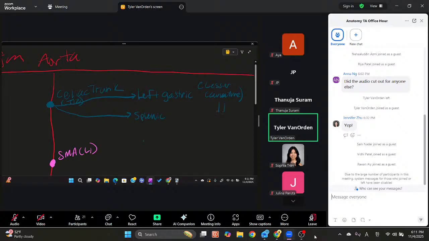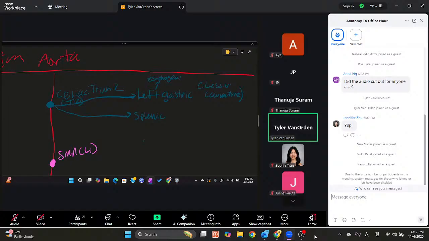So if this is your esophagus and then you have your stomach like that, it's kind of flowing on up here in this area. And that's important because the left gastric artery gives off the esophageal artery. And again, very conveniently named. Guess where that's going? So this is your left gastric artery. It's kind of in this area, and then it throws off an esophageal one. So that's kind of nice.